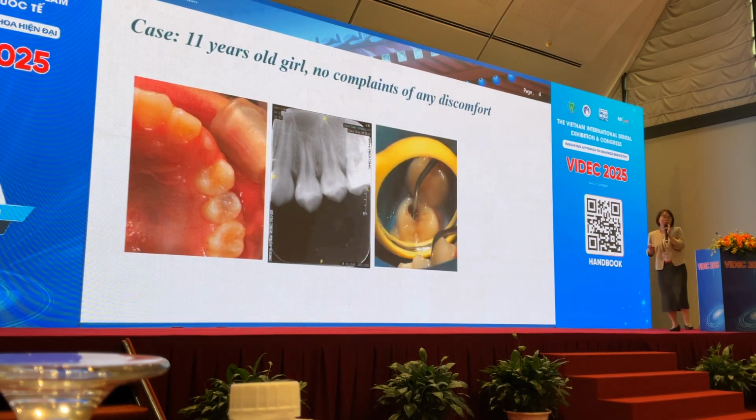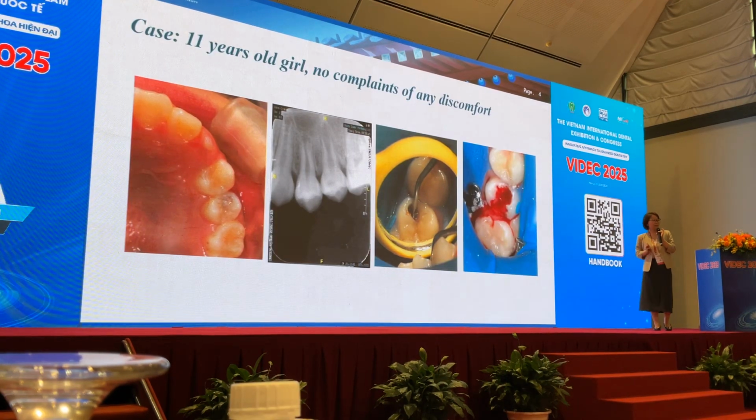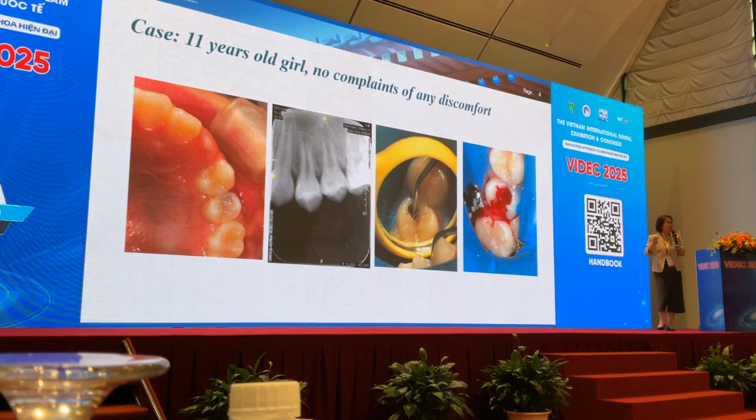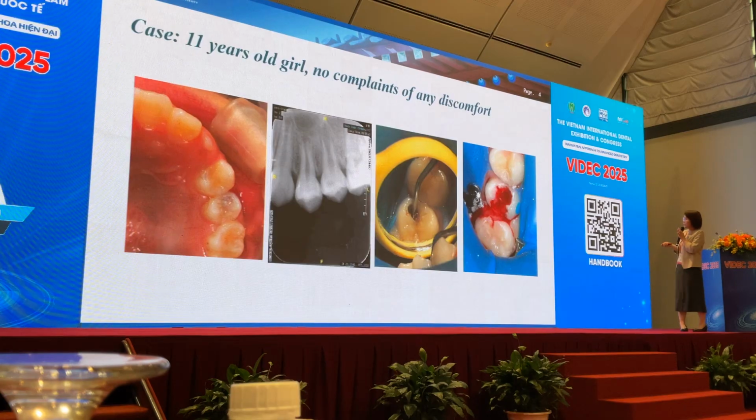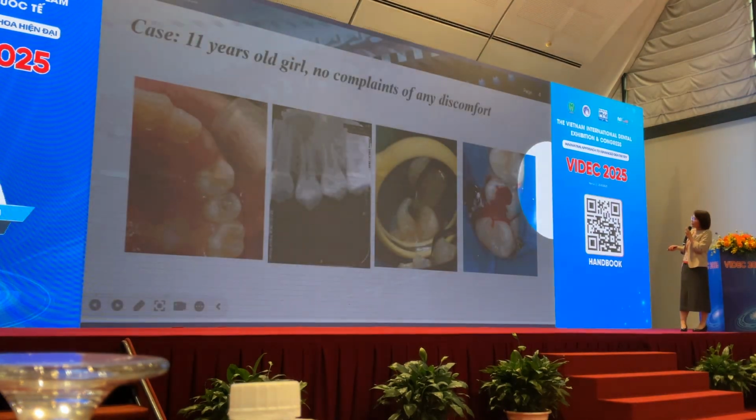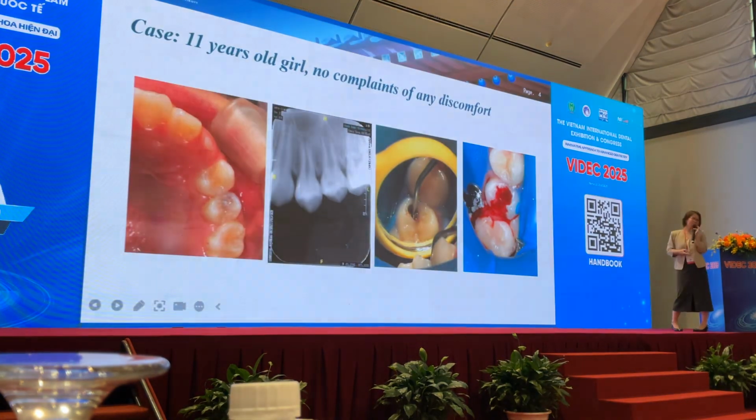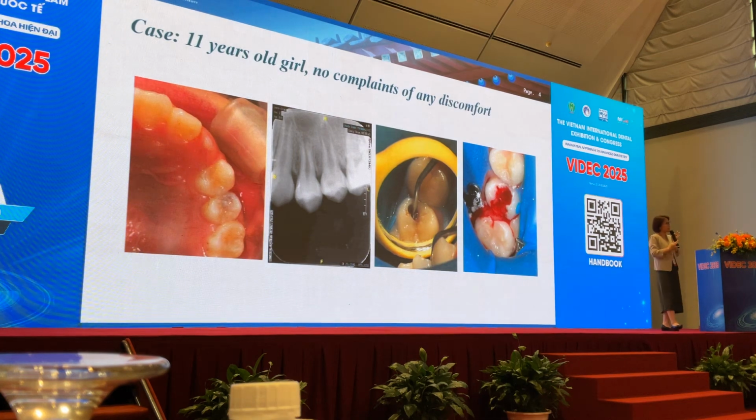But in the process of removing all the carious tissue, the pulp was exposed, with significant pus and bleeding discharge. You see? The pus and the bleeding. So now it's confirmed that the pulp is involved and the pulp is irreversible.